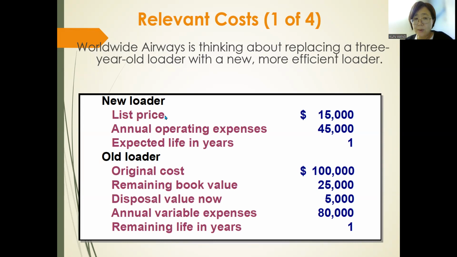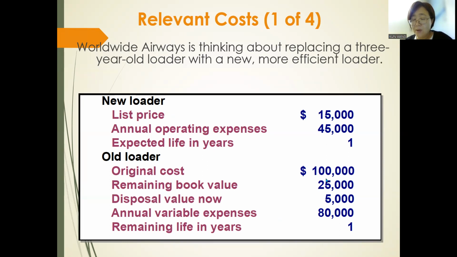Or if you replace it with the new loader, we'll recognize a one-time loss of the 25,000. So it's non-differential between the two options. Either way you will lose the 25,000, by depreciation or by a one-time loss. So the critical factor in comparing the options is that we should ignore this 25,000.